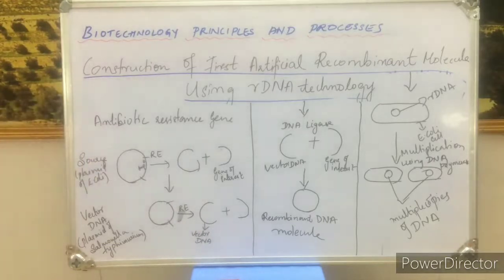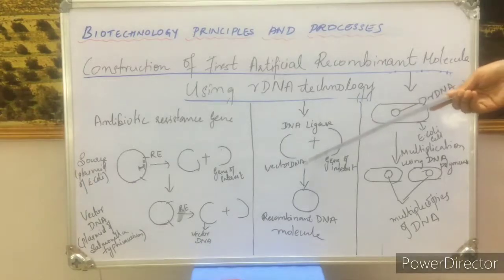How are we going to link the vector DNA with the gene of interest? We have another enzyme known as DNA ligase. This DNA ligase links the vector DNA with the gene of interest. What is the function of DNA ligase?